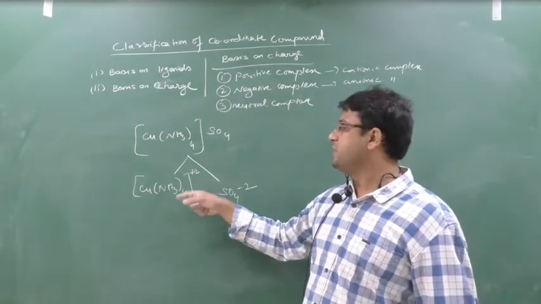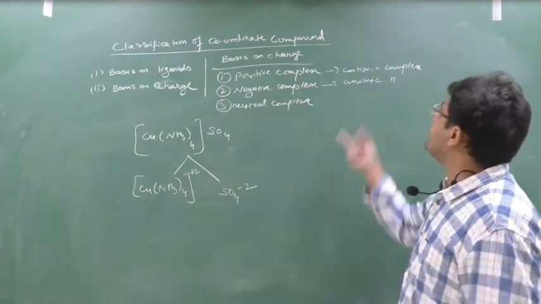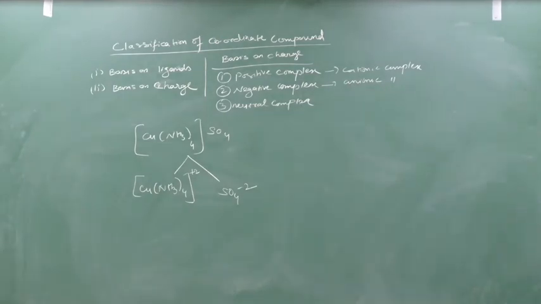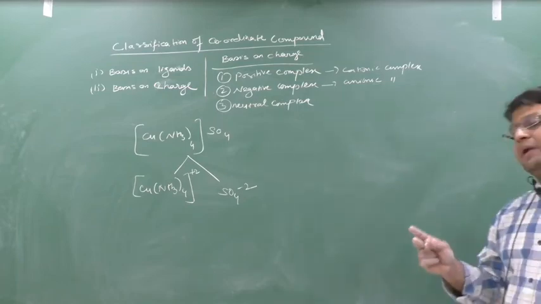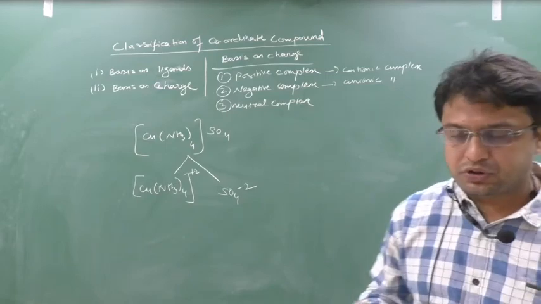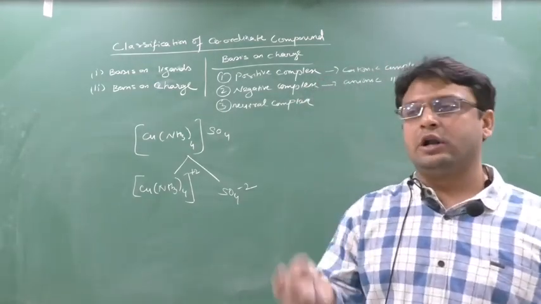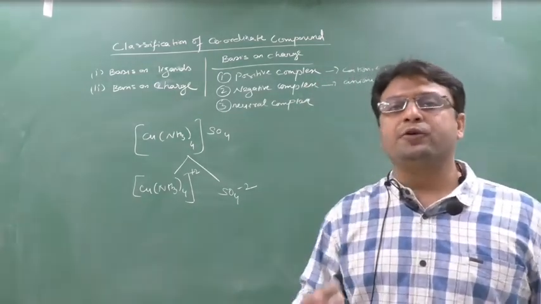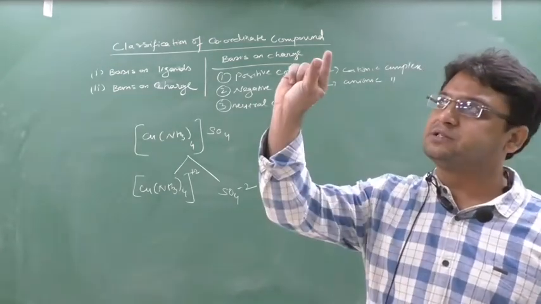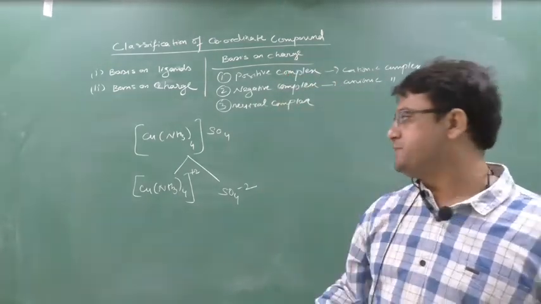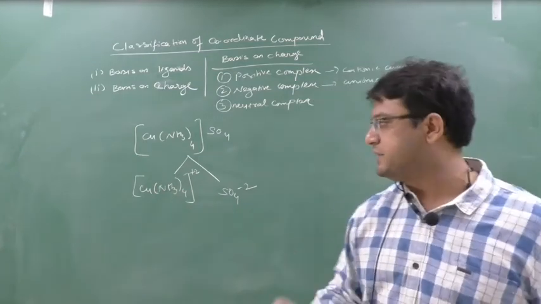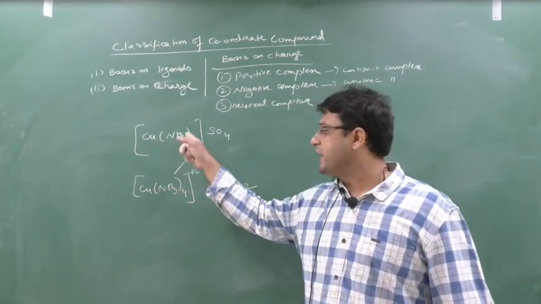If the coordination sphere bears positive charge, then it's a cationic complex. Simple shortcut I will give you: if you dissolve a complex compound and you see the plus charge on the complex coordination sphere, then it's a cationic complex.